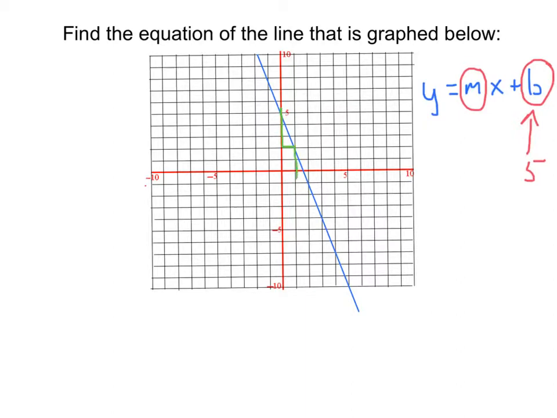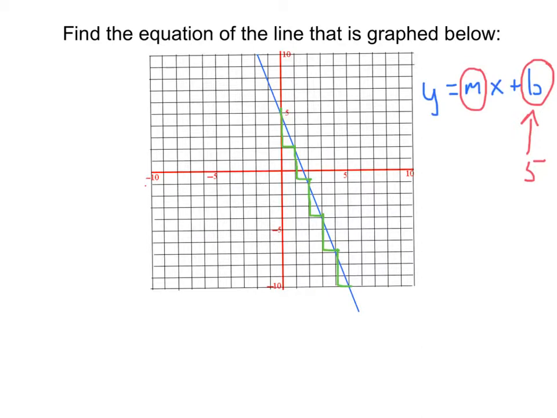Now if that's correct, we ought to be able to keep doing that over and over again. So down 3 over 1, down 3 over 1, down 3 over 1. So sure enough, it looks like the slope is down 3 for the rise, which would be -3, and 1 for the run.